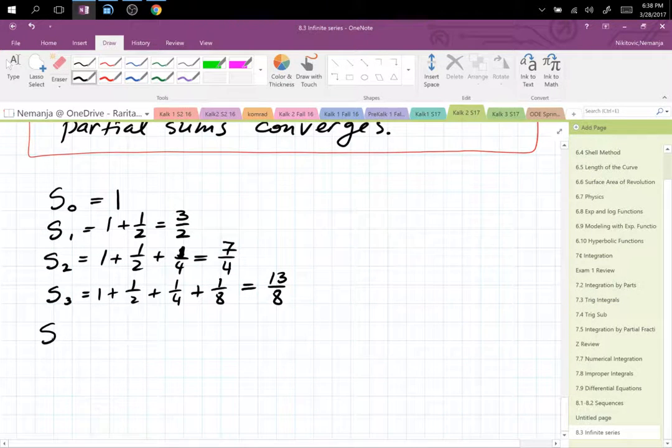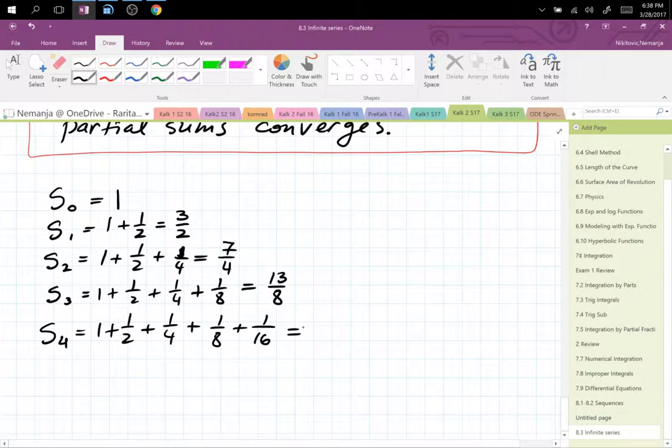Then I have the next partial sum, which is 1 plus 1/2 plus 1/4 plus 1/8 plus 1/16. That one is over 16, so 16 and 8 is 24, and 4 is 28, 30, 31 over 16.